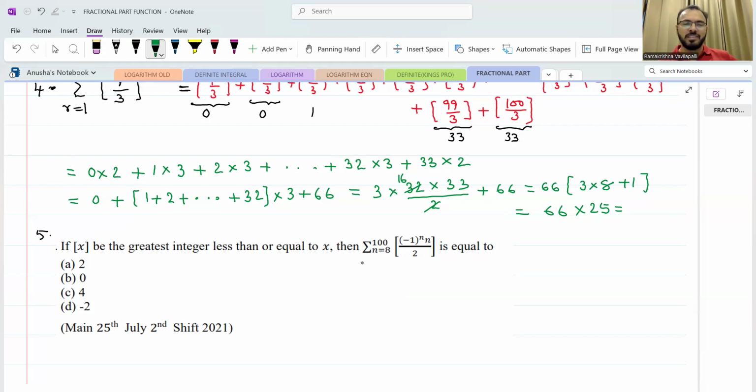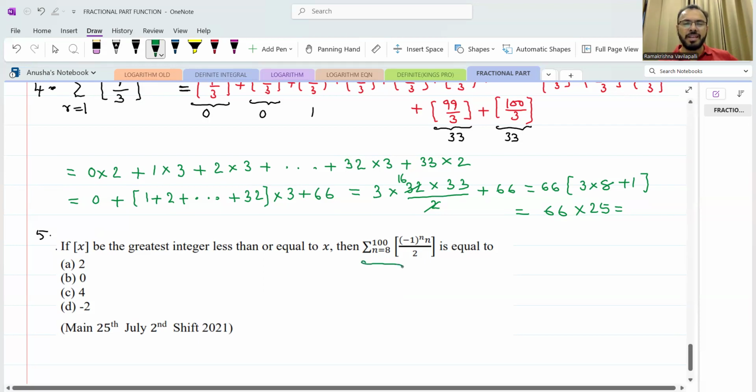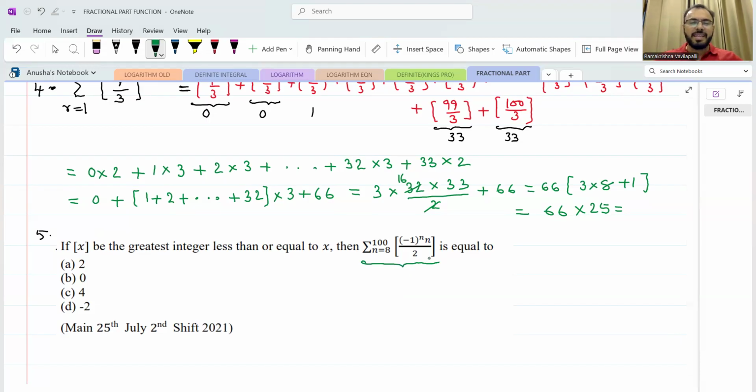This is the question: sigma n equal to 8 to 100, integral part of minus 1 whole power n into n by 2. You try to list out individual terms and see the value of each term. Remember, integral part of x equals n if x lies between n and n plus 1, n included, n plus 1 excluded.